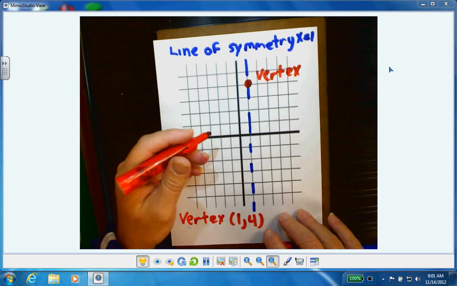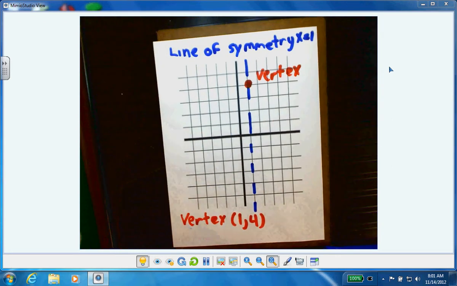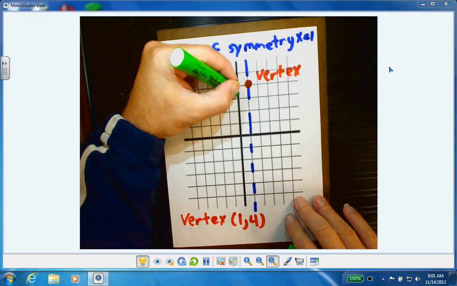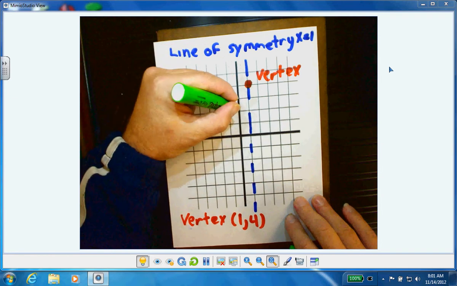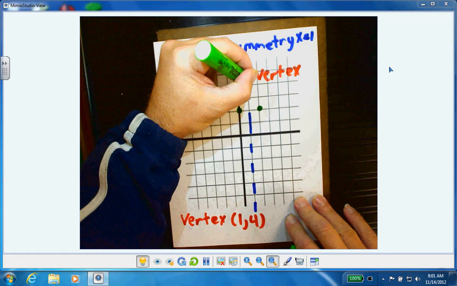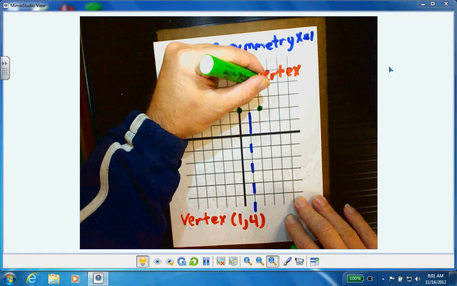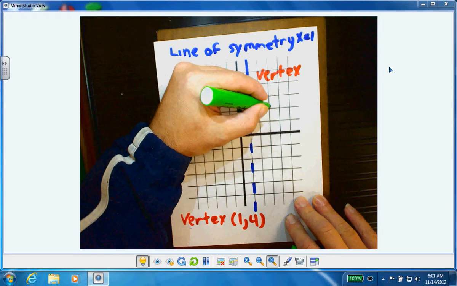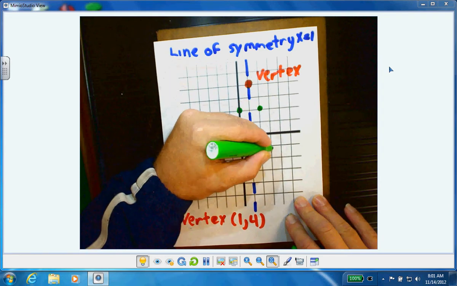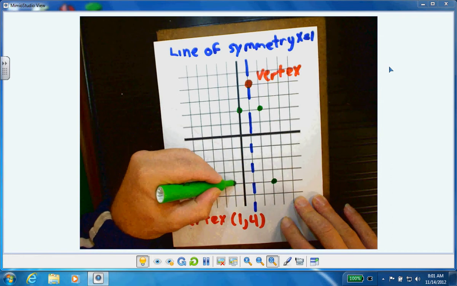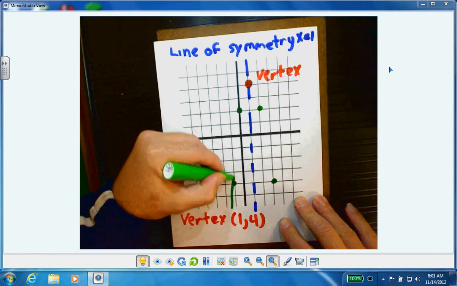Then the parabola opened down, so the parabola needs to be in a different color. And so this is the way my parabola is going to look.